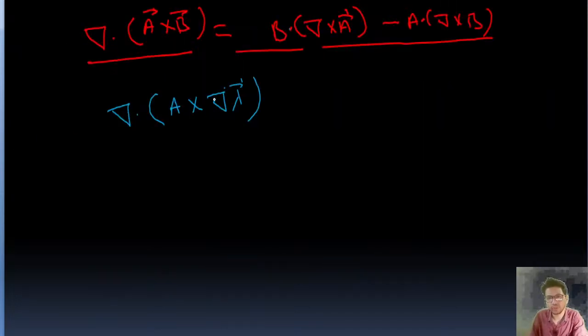So we can write del dot A cross gradient of lambda, A dot gradient of lambda. We can do like this. So del dot A cross gradient of lambda.